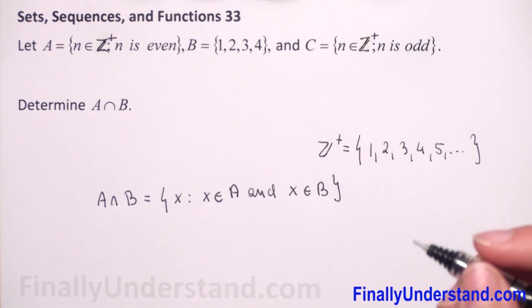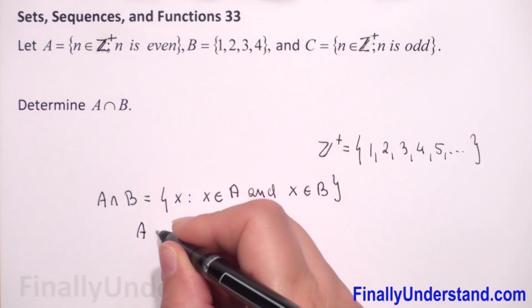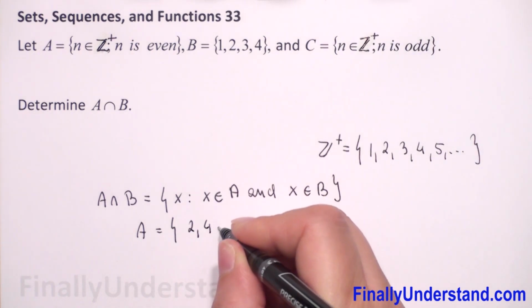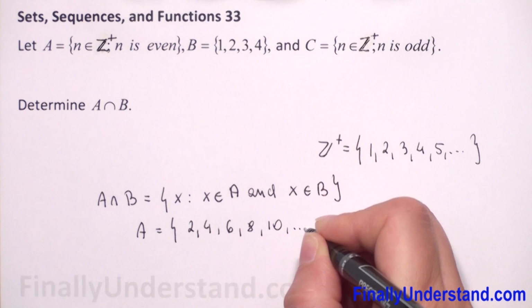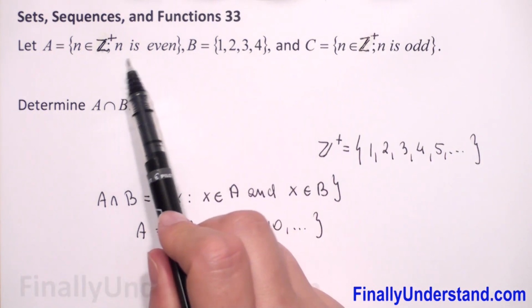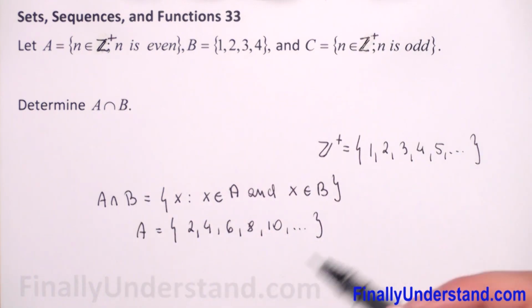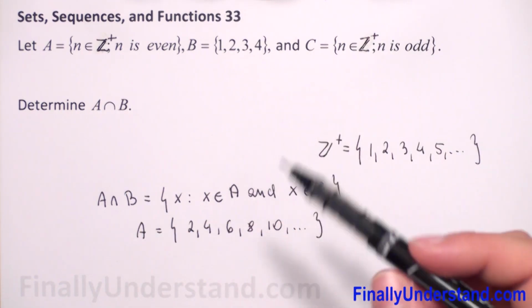So we can write that set A has elements 2, 4, 6, 8, 10, and so on. So any integer that can be divided exactly by 2, and in this example we have to choose only positive integers. And the B has elements 1, 2, 3, 4.